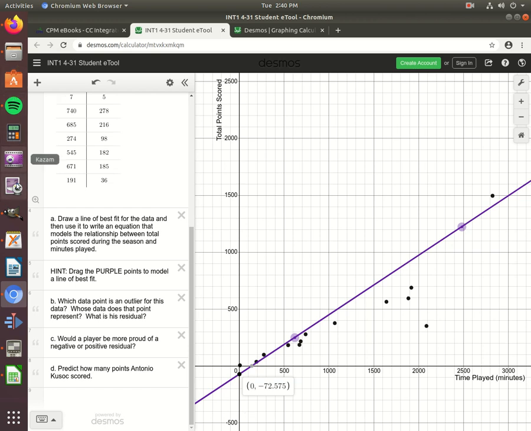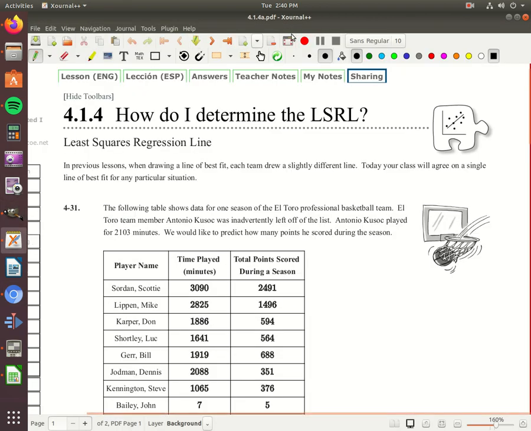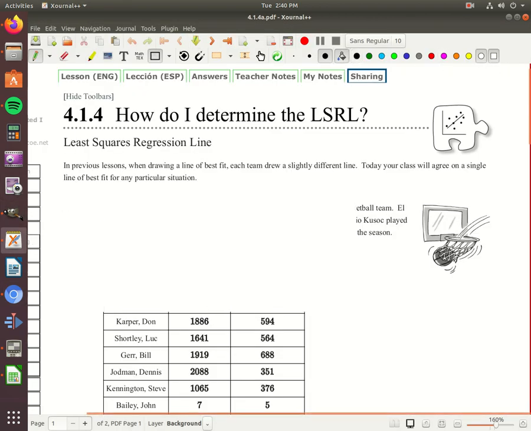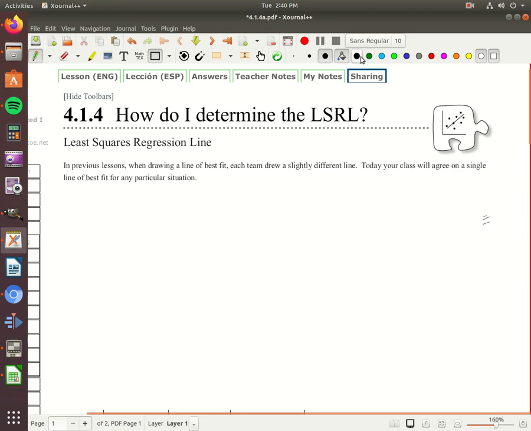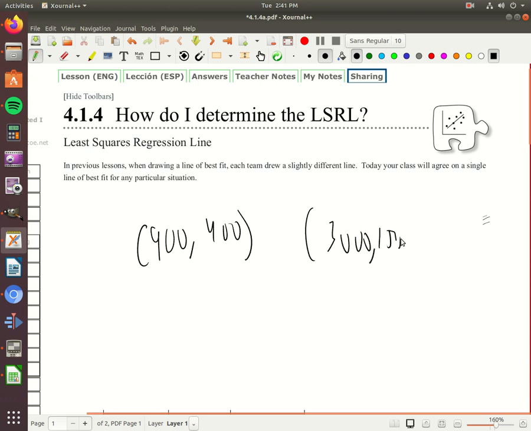And I will give myself a little bit of room, and I will come up with my equation. If you remember, I had the points of 900, 400, and the points of 3,000 and 1,500. So my slope is my change in y over my change in x.